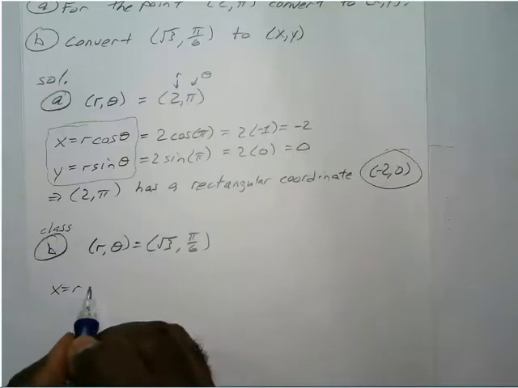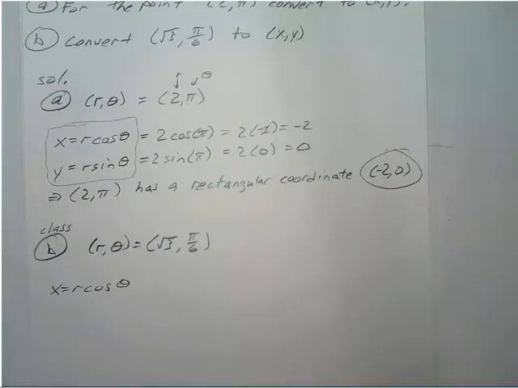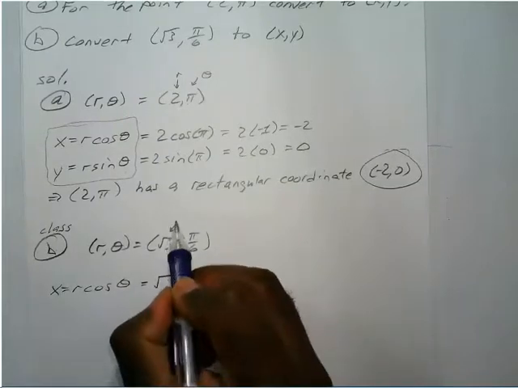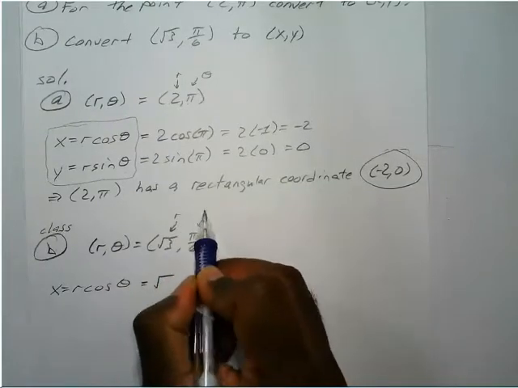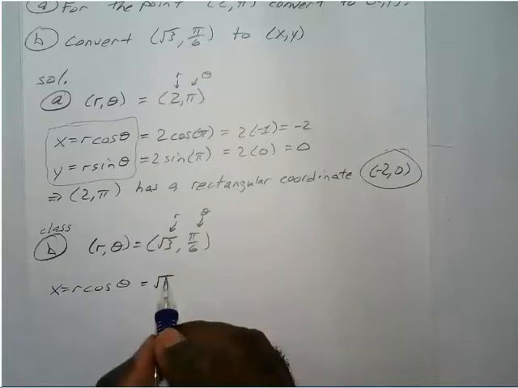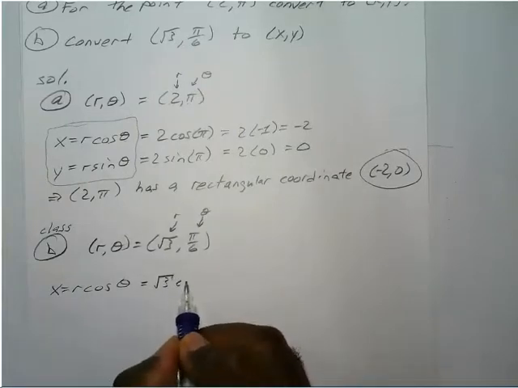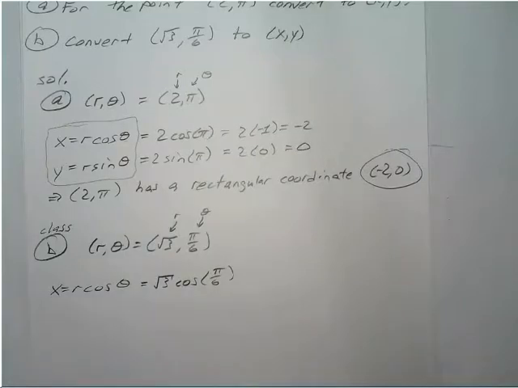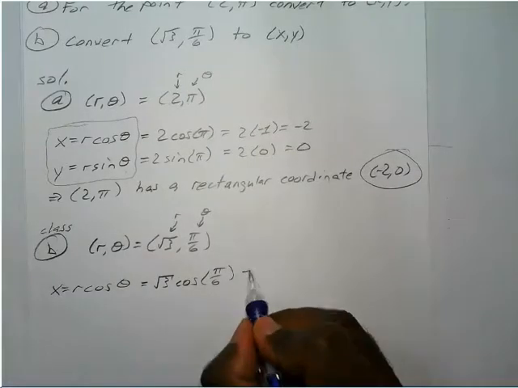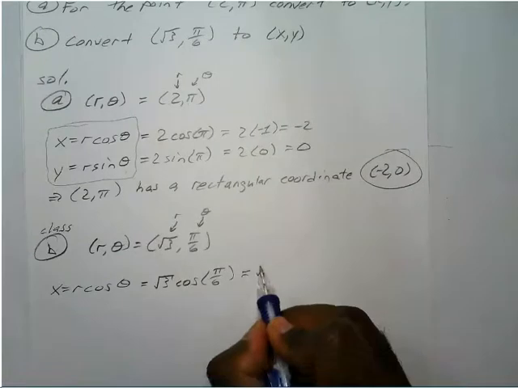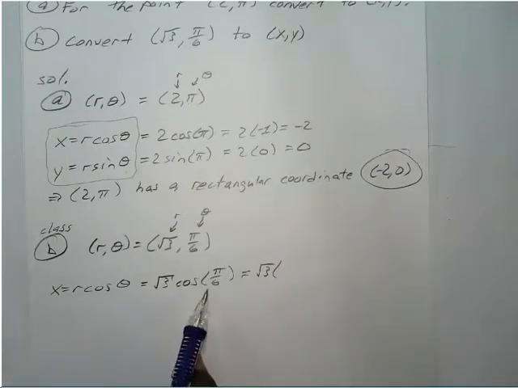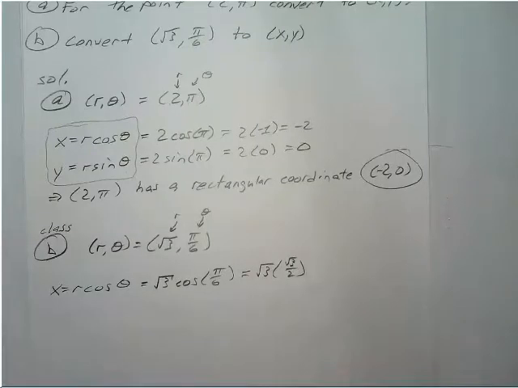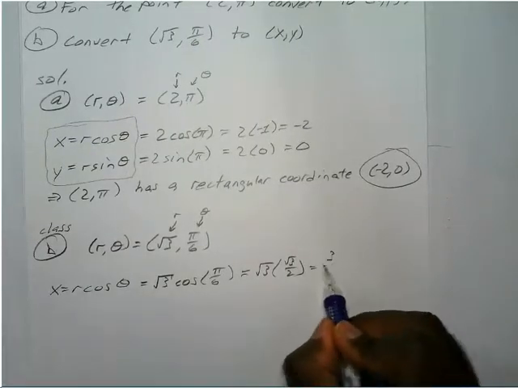You have x equals r cosine theta, where r is equal to square root of 3 and theta is pi over 6. So that becomes square root of 3 cosine of pi over 6. Square root of 3 times cosine pi over 6, which is square root of 3 over 2, gives us 3 over 2.